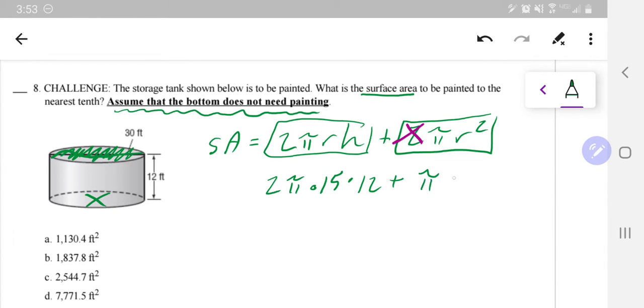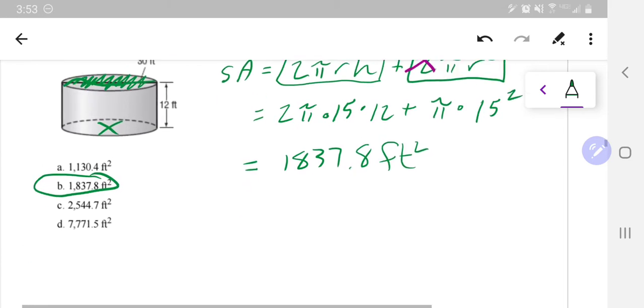Now we have pi times the radius is 15 squared. So once I've typed all that into my calculator, I get 1,837.8 feet squared. So the correct answer there was B.